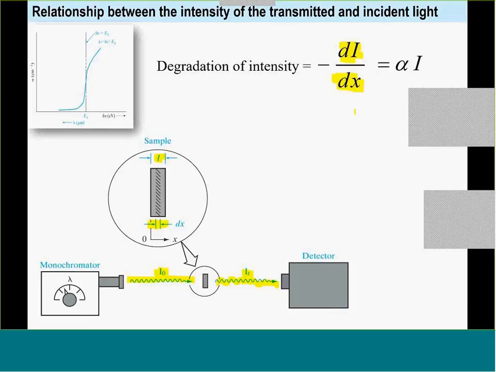So you can see that it is proportional to I, and if we would like to put the equal sign, we have to put a constant. So our constant is the absorption coefficient, which is essentially what I showed you just now. Yeah, the absorption coefficient.